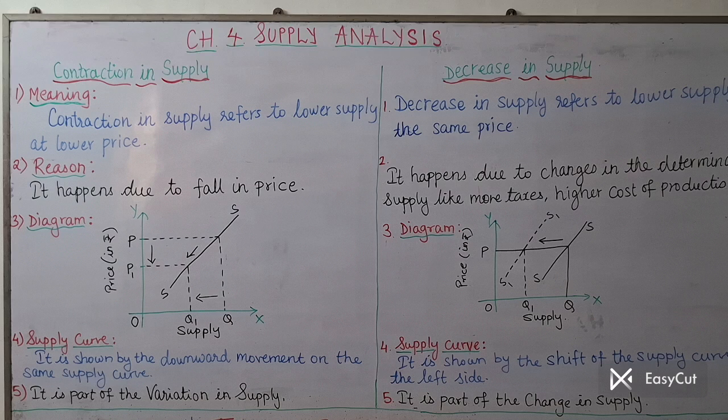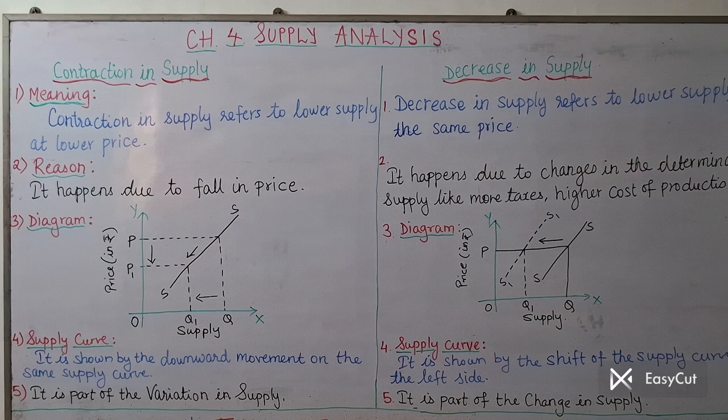So the new price is OP1, and as the price reduces, supply also reduces. So the new supply is OQ1, and hence we can see a downward movement on the supply curve. The earlier supply was on the higher side and the new supply at the lower price is on the lower side, which is shown clearly in the diagram.